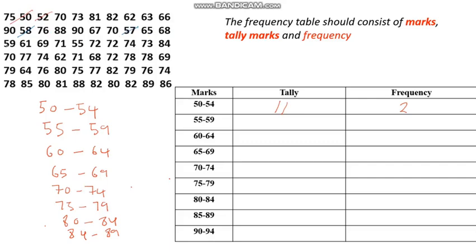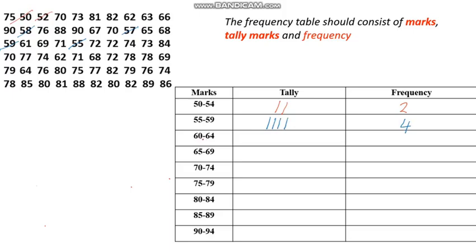We also have 59. We also have 55. Okay, so that's all. How many? 1, 2, 3, 4. So we write our tally marks here, 1, 2, 3, 4. Then here we write 4.